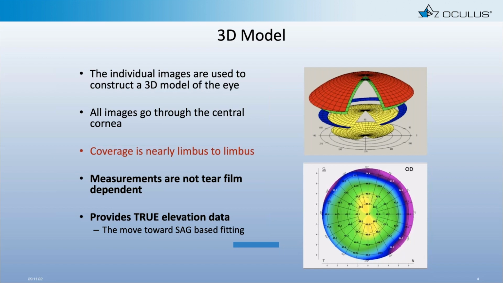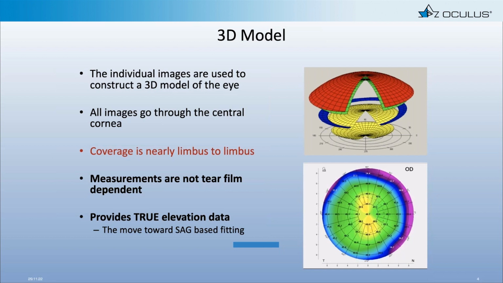The coverage again is nearly limbus to limbus, and it certainly can be entirely limbus to limbus depending upon how wide our patient opens their eyes up, and whether we get that upper and lower lid out of the way. The measurements are not tear film dependent, and of course, that can be very critical.